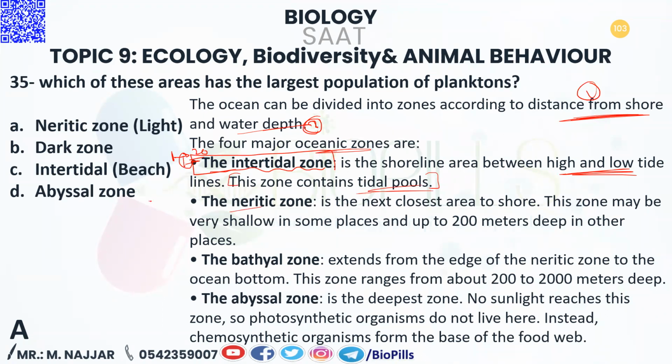Then the neritic zone, from 20 to 200 meters. It is the next closest area to the shore. This zone may be very shallow in some places, and up to 200 meters in others. It is only about 1/10 of all of the oceanic zones, but the greatest biodiversity and the greatest biomass is in the neritic zone.